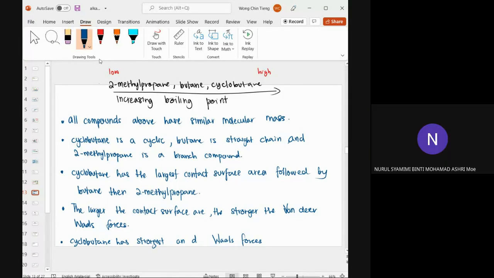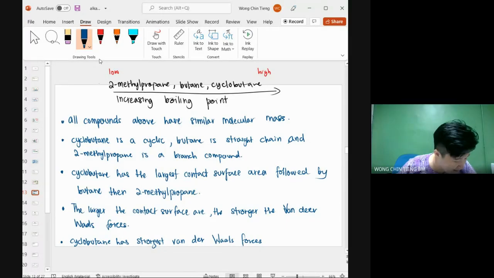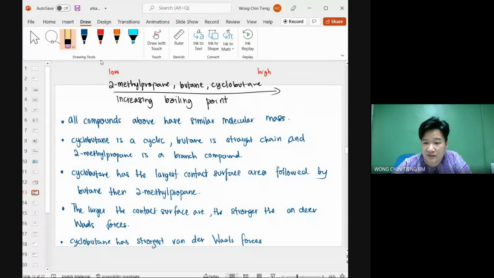V sepatutnya kecil rasanya Miss. W je yang besar. Pening. W confirm besar. Cuma V saya tak sure. Nanti saya check balik. Tapi guna yang ni dulu lah.